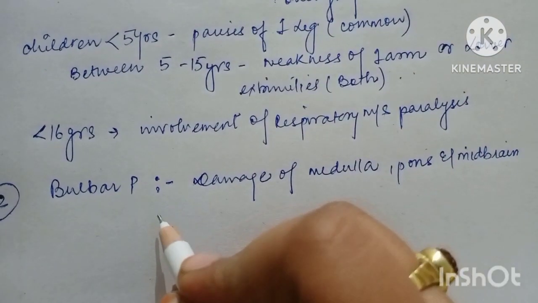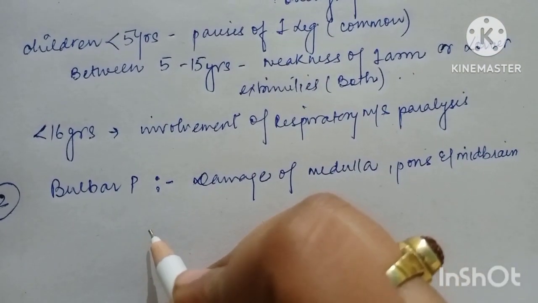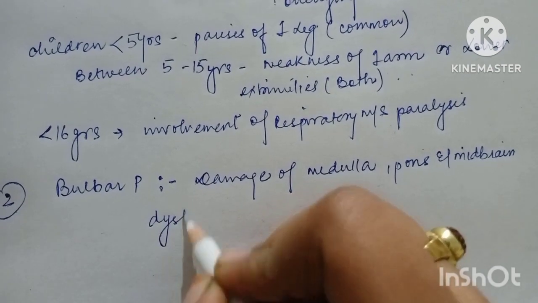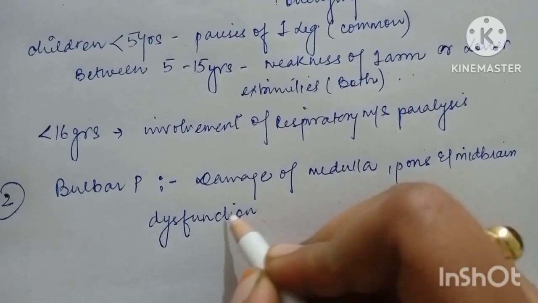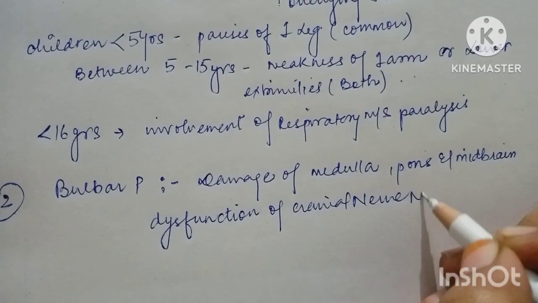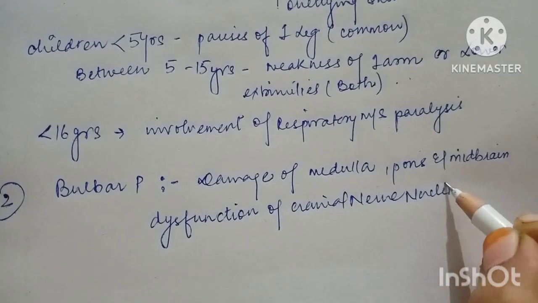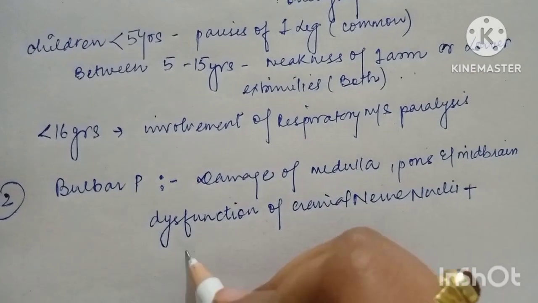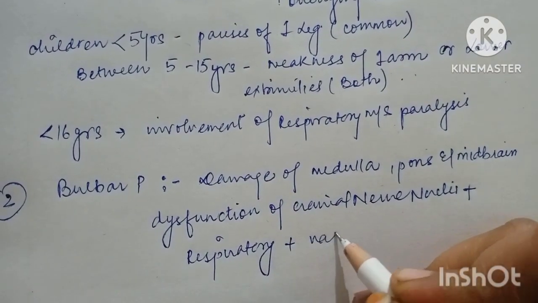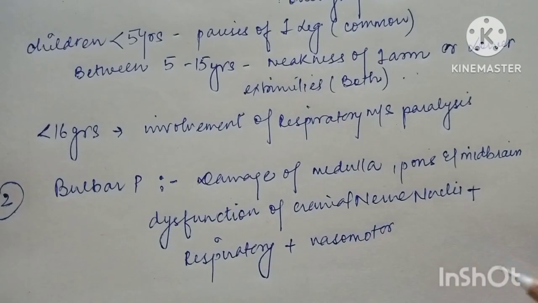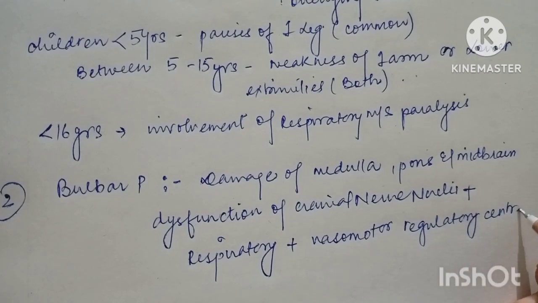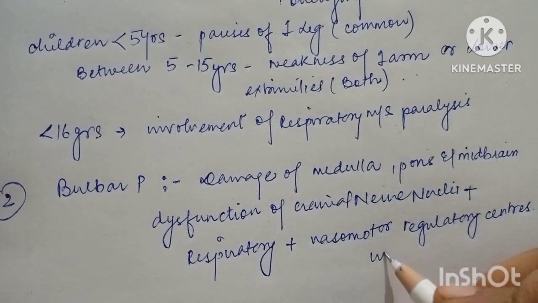It causes dysfunction of the cranial nerve nuclei, plus respiratory involvement, plus involvement of the vasomotor regulatory centers in the medulla.